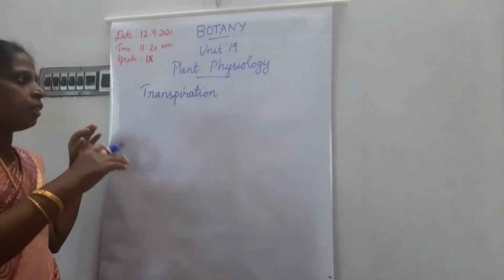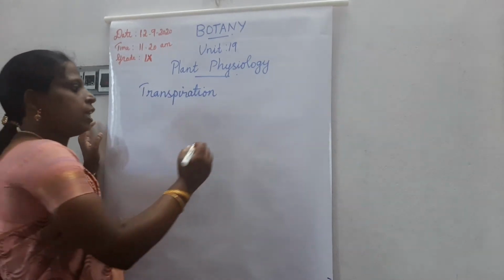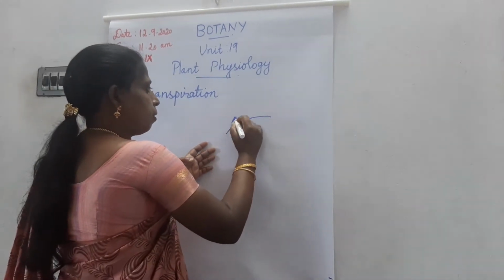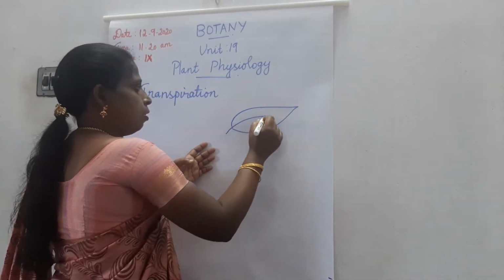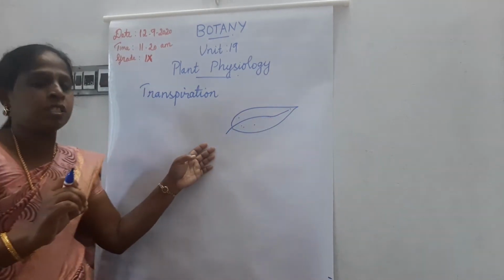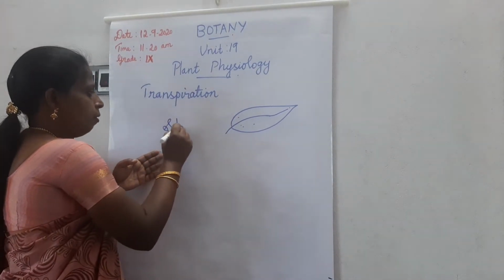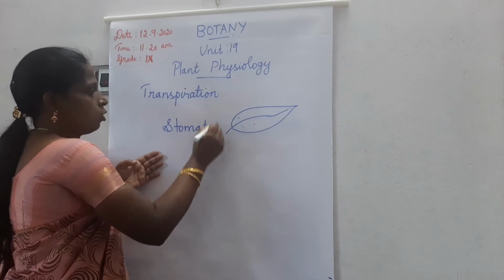So how is this water vapor released to the atmosphere? In the leaves you can see that the leaves consist of tiny pores. Those pores are called stomata.